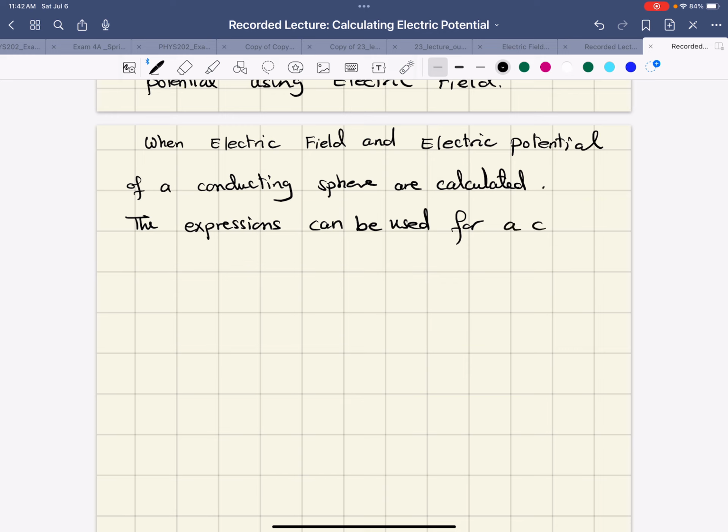For a conducting shell. Now, what does that mean?